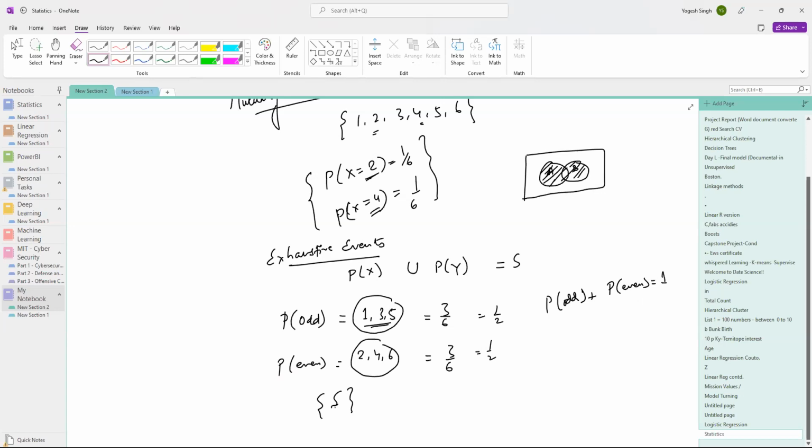So you can say it either way: either these two together make the sample space, or the probabilities of both events sum up to 1. Such types of events are known as exhaustive events. Okay with this? Yes, sir. Does anyone have any question so far? No, sir.